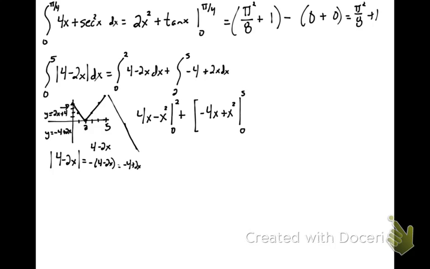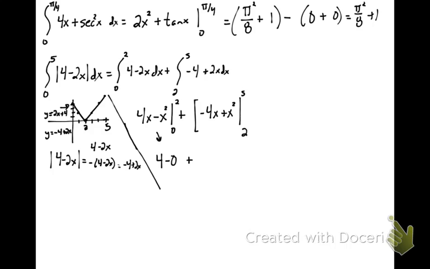When I evaluate this first part, when I plug in 2, that's going to be 8 minus 4, which is 4, minus 0. So that's the first part, plus the second part. I'm going to change this. It's not 5 to 0, it's 2 to 5.